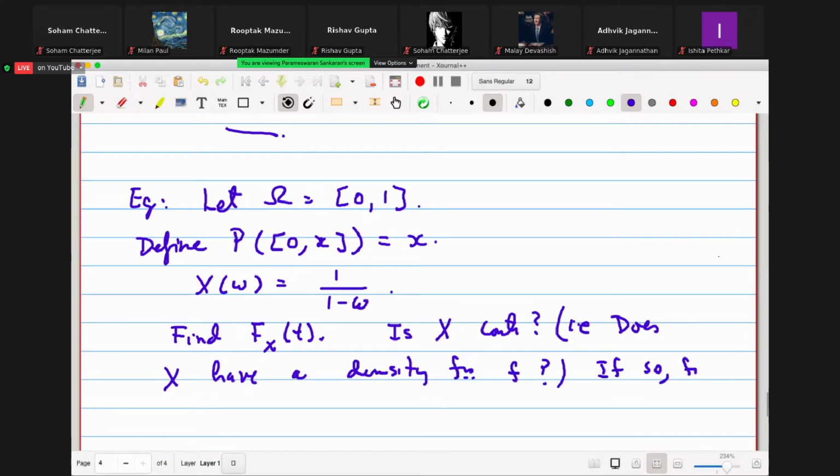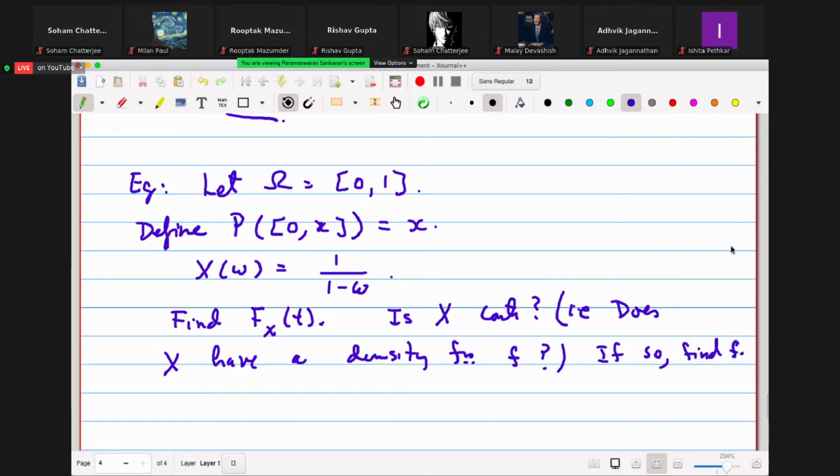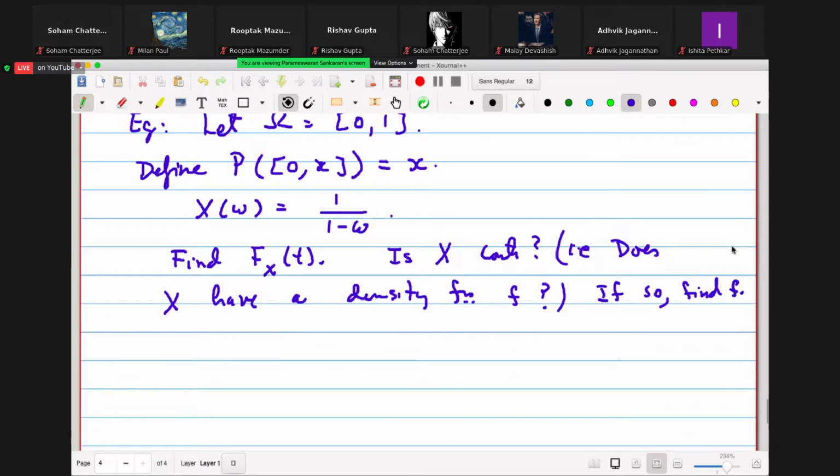Okay. So as I said, what is this one? F_X of t is equal to the probability of all those omega in Omega such that X of omega, so 1 minus omega, is less than or equal to t.